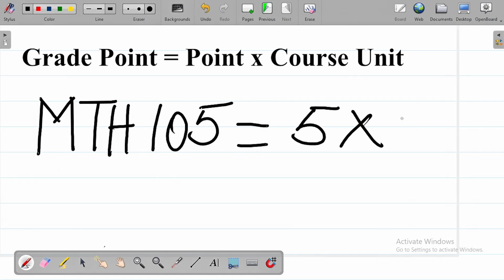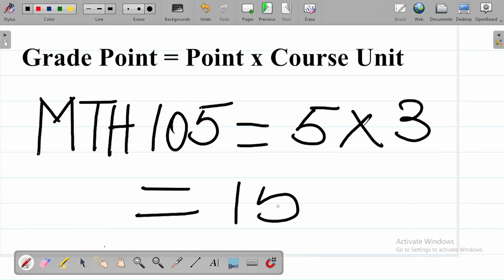Maths 105 is a 3-unit course. So the grade point for maths 105 is 5 multiplied by 3, which is 15. That's the grade point for maths 105. Let's now consider the next course.